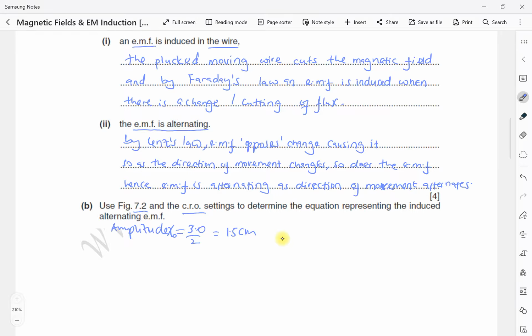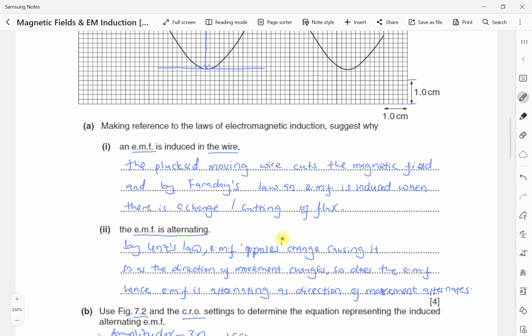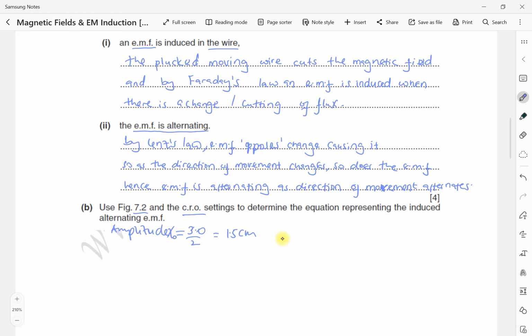Then, to find the period, we use the length representing one cycle. From the time-base setting, the period is going to be the length representing one cycle times the time-base setting.